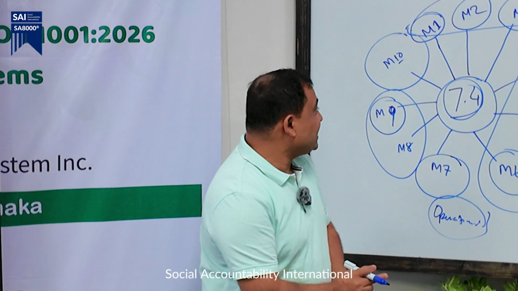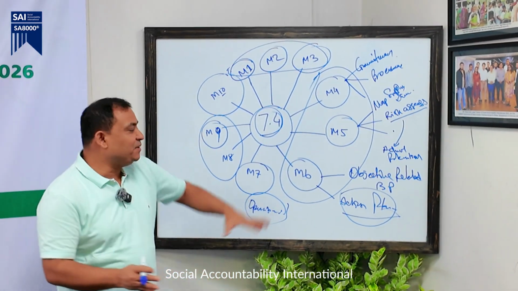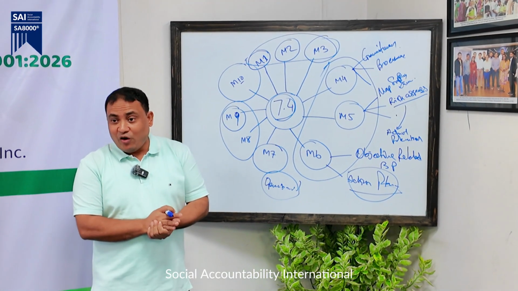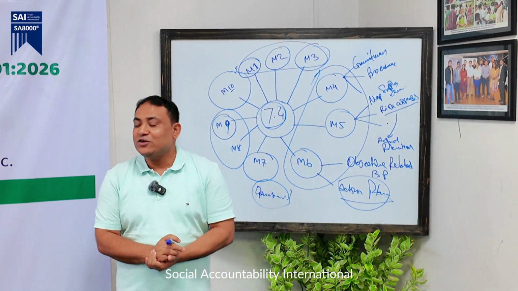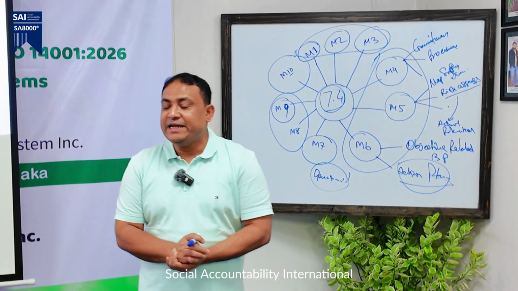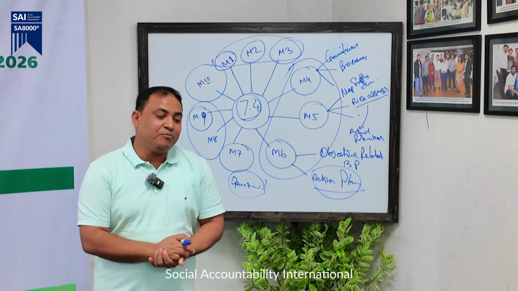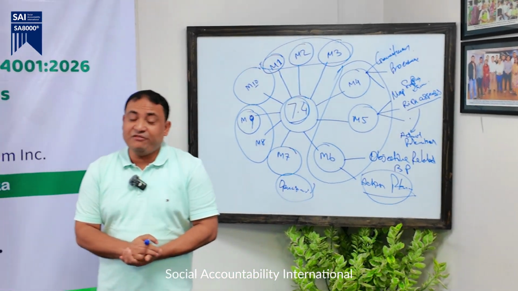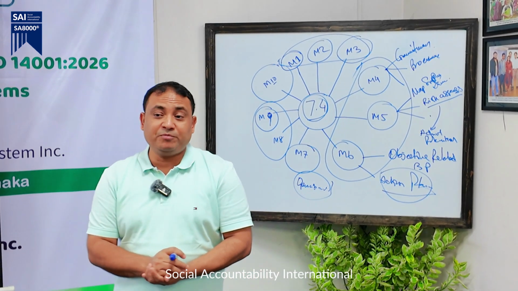This action will again be planned, because we didn't achieve the goal, the objectives we set in clause 6. So they can recommend what actions are to be taken, whether any processes need to be updated, any policy needs to be updated, or any resources need to be provided.